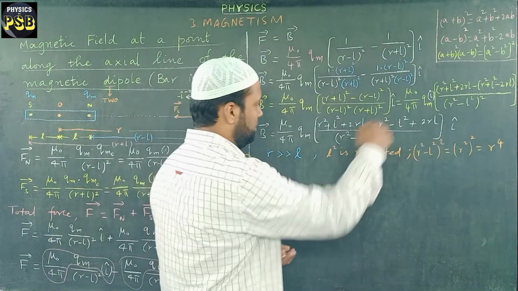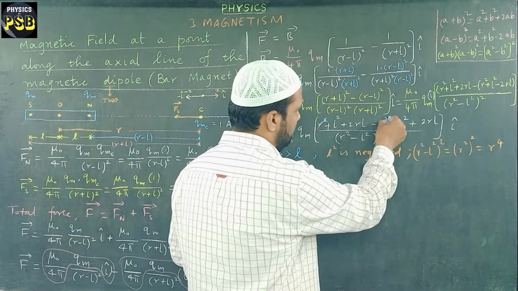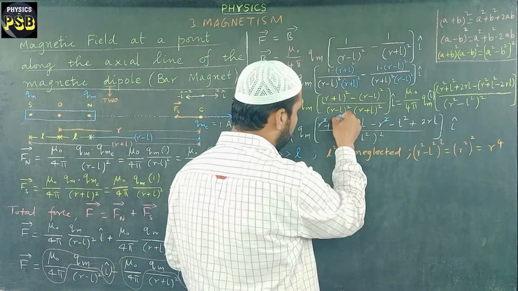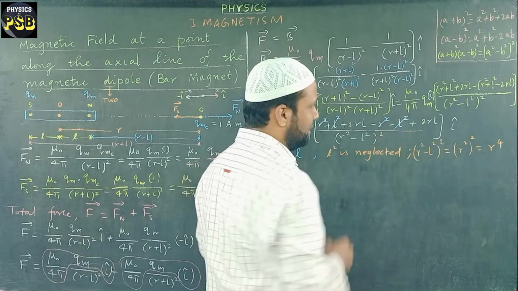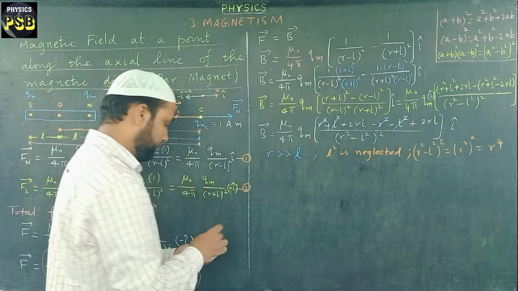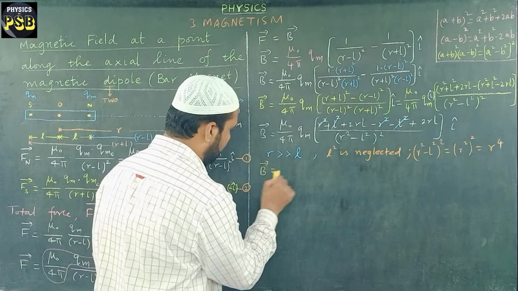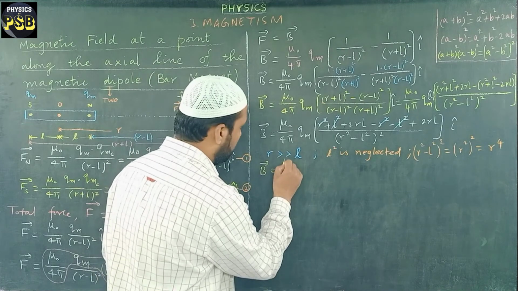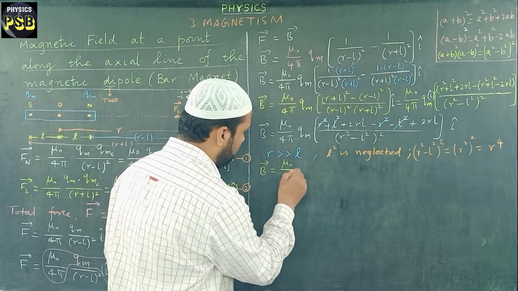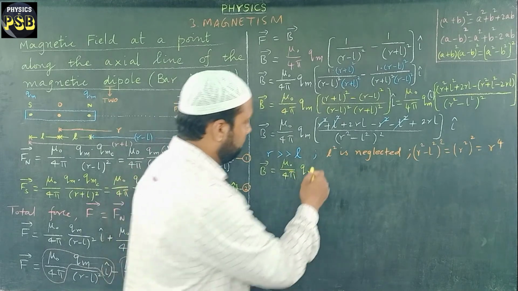Now look here carefully. Plus r square minus r square get cancelled. Similarly, plus l square minus l square get cancelled. Here 2rl and 2rl get added up. So in the next step, we get B vector equals mu naught upon 4 pi into qm.